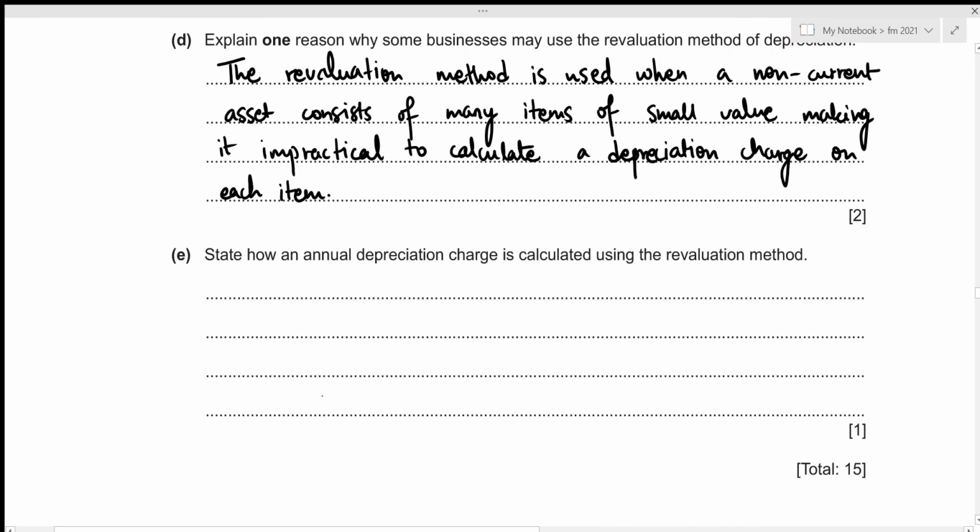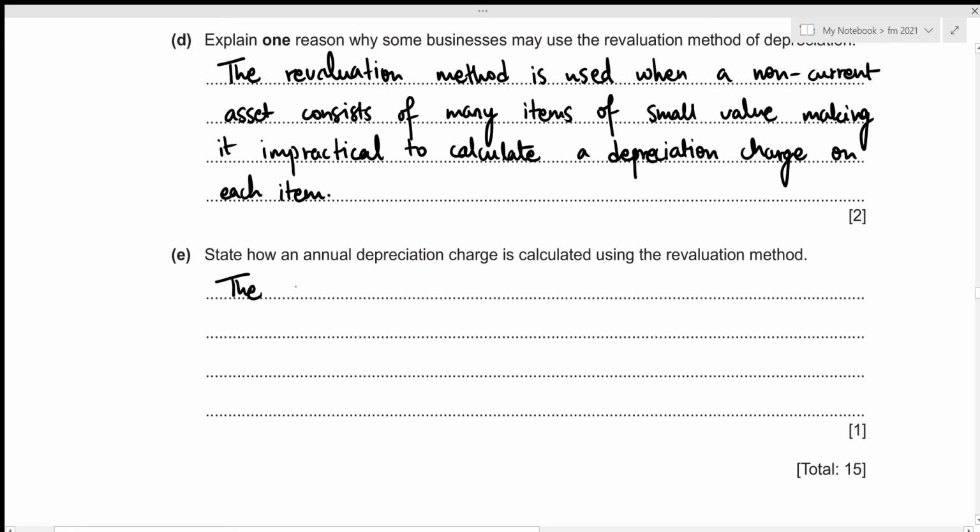We need to state how an annual depreciation charge is calculated using the revaluation method. So like I said before, there is no fixed rate of depreciation. So we just revalue its value. So the depreciation charge is just going to be the opening value minus the closing value.